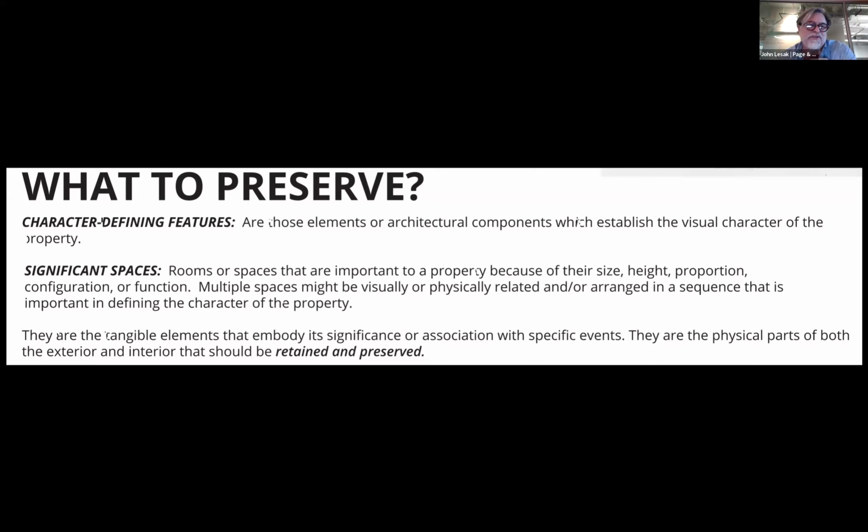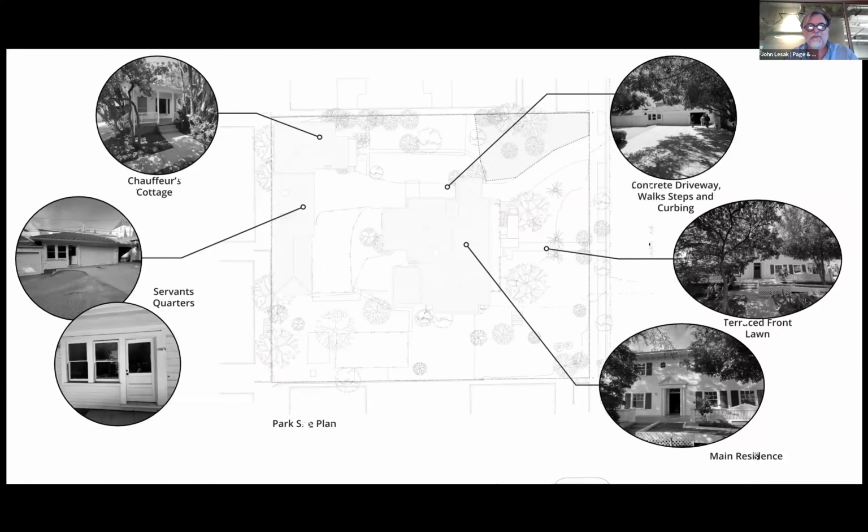And we also want to preserve significant spaces and spatial relationships. That could be room layouts, and that could be a sequence of how you move through rooms and space when you use the building or site. And we'll talk about that right now.